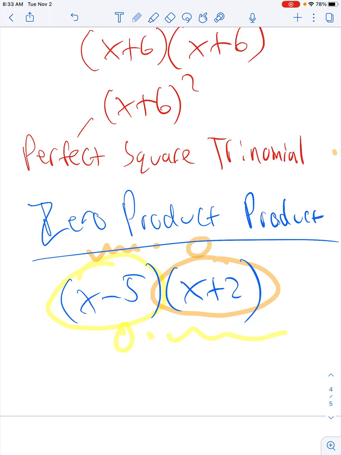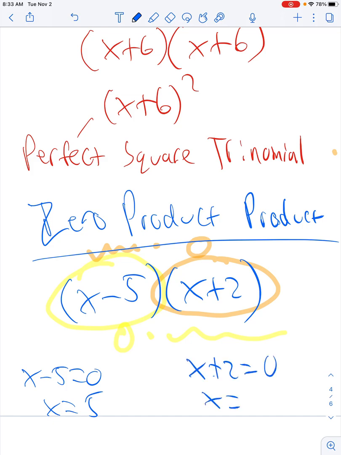Anything times 0 is going to equal 0. So I could set x minus 5 equal to 0 and say, when x equals 5, this whole function is going to equal 0. Or when x equals negative 2, this whole thing is going to equal 0. That's why we like to factor: we want to find when these functions equal 0.